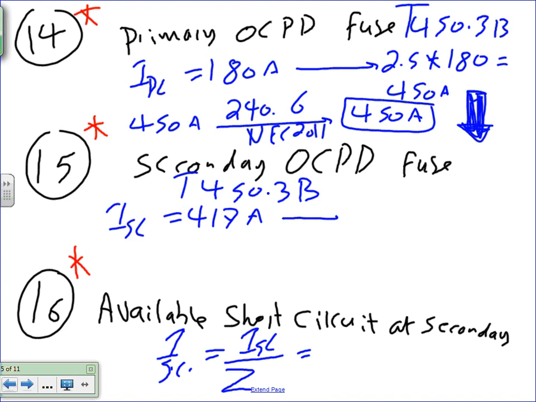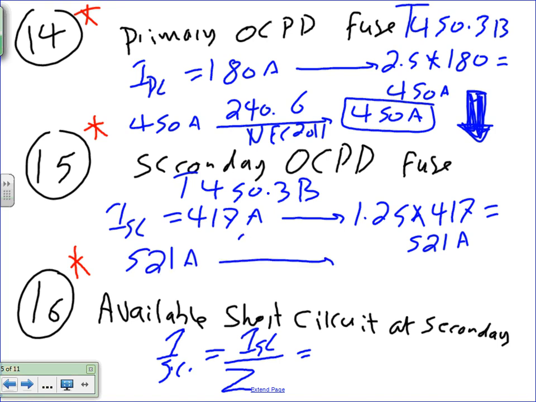Then your multiplier is 1.25 from the table, 450.3b, multiply it by this 417, and that should give you a healthy 521 amps.